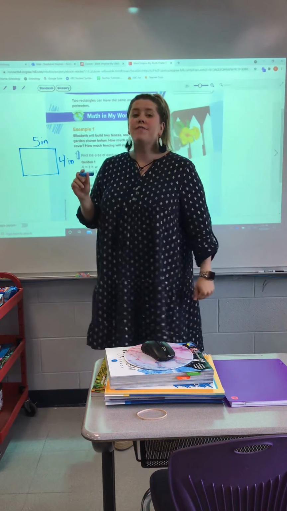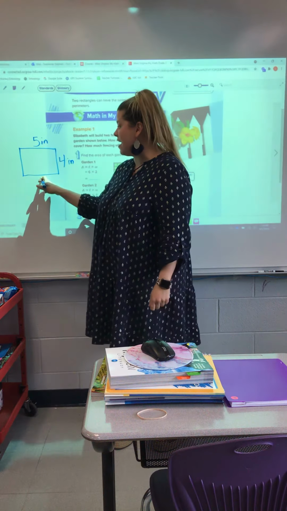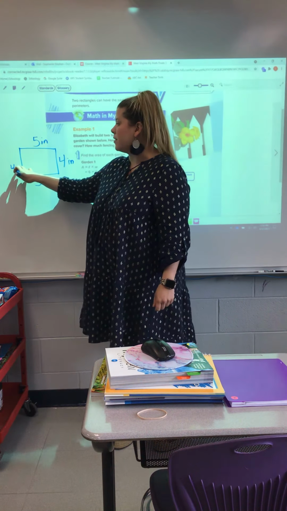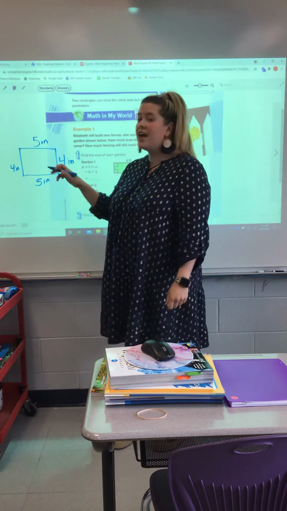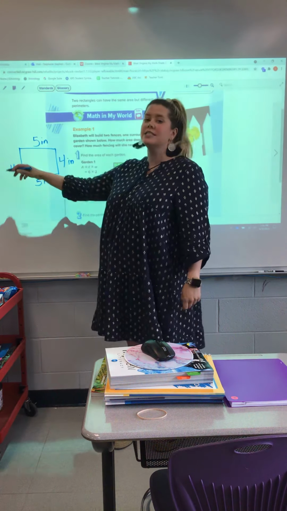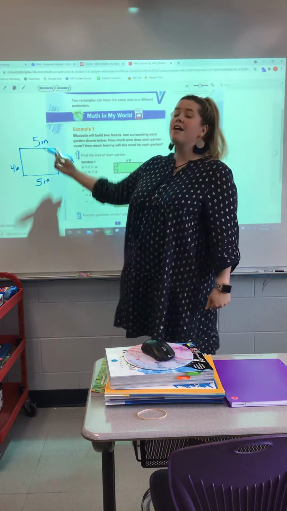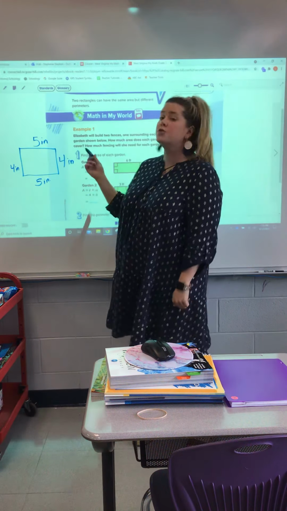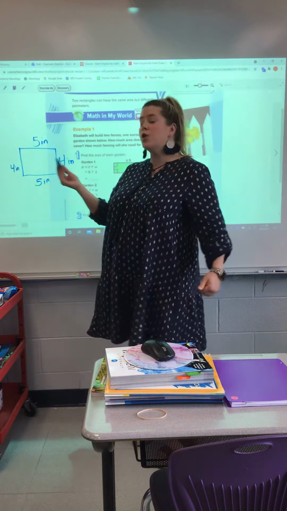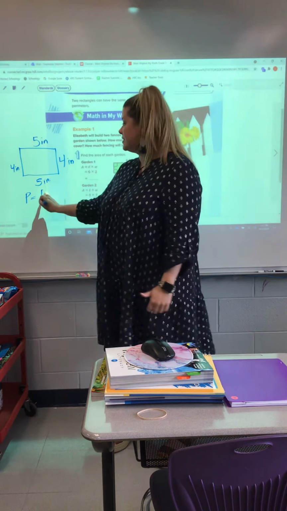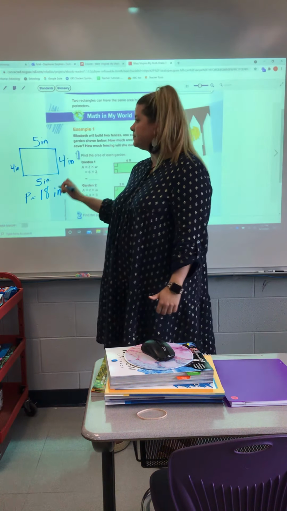To find the perimeter, I would add 5 plus 5 plus 4 plus 4. If they don't give you all 4 side lengths, make sure that you write them in so you don't forget to add. So 5 plus 5 is 10, plus 4 is 14, plus 4 is 18. So the perimeter of that shape is 18 inches.